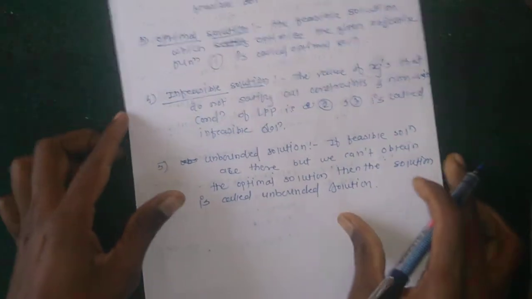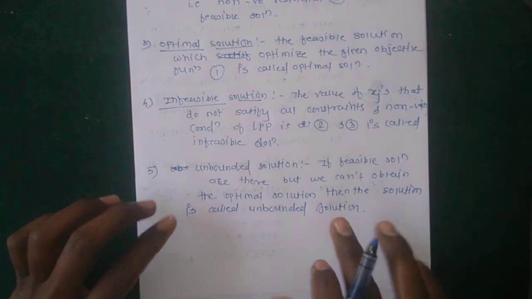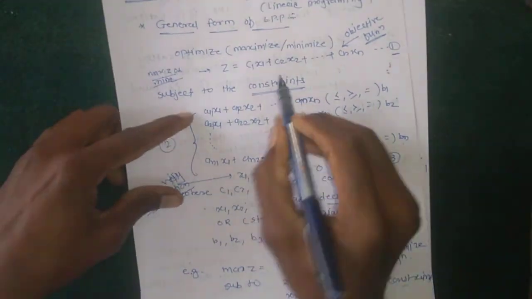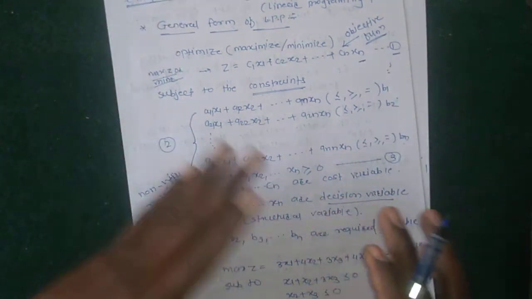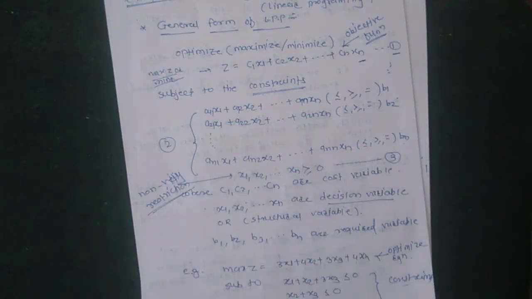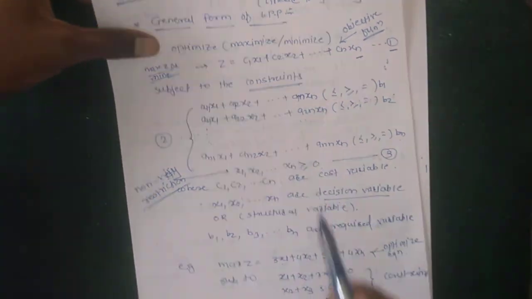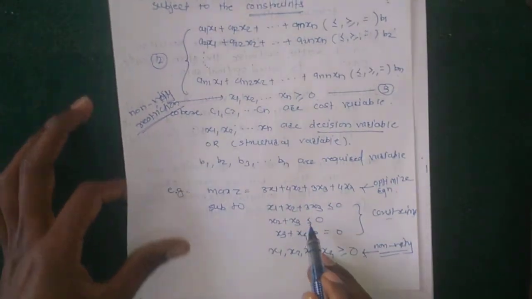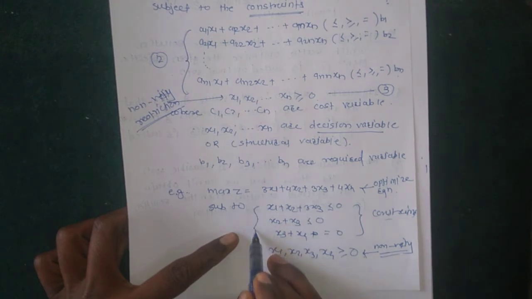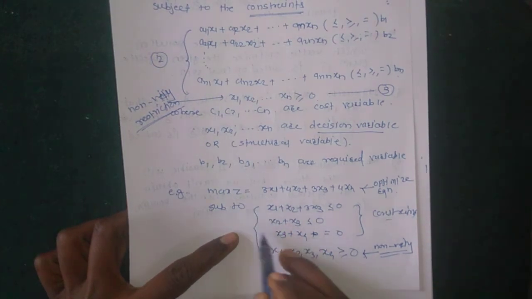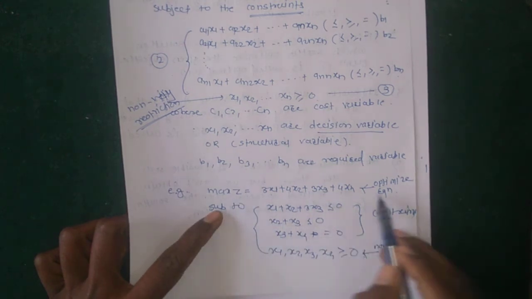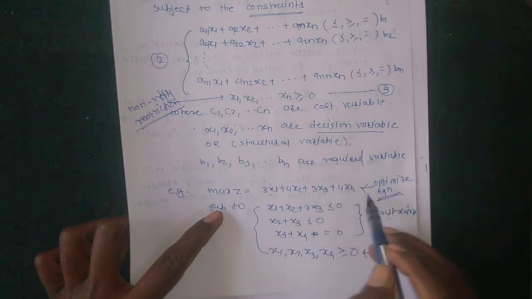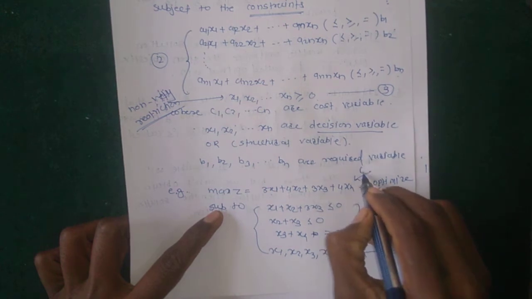Unbounded solution means the given LPP has a feasible solution, satisfying all the constraints, but we can't obtain the optimal solution, meaning there is no optimum of the objective function.